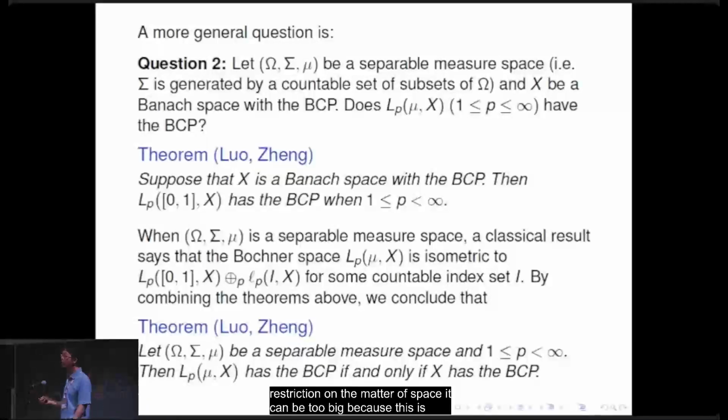So if you assume the measure space is separable, then the result tells you that this is indeed true. So L_p of X has the BCP if and only if X has the BCP. But in this case, there's a slight difference here. The infinity case is not included. For the little l_p case, the infinity case is included, but for capital L_p, this is not true.